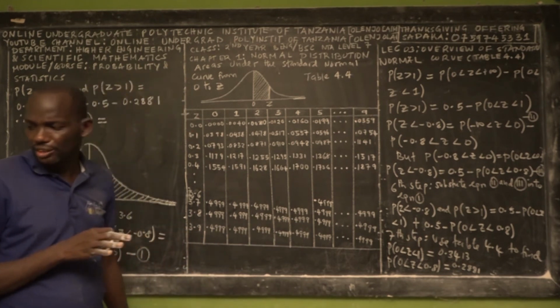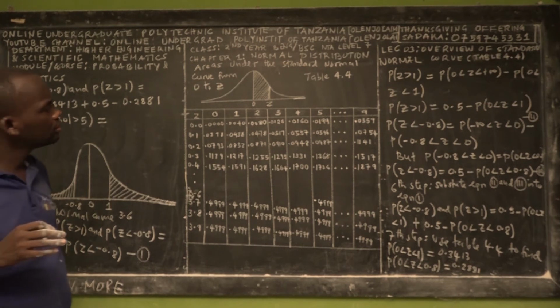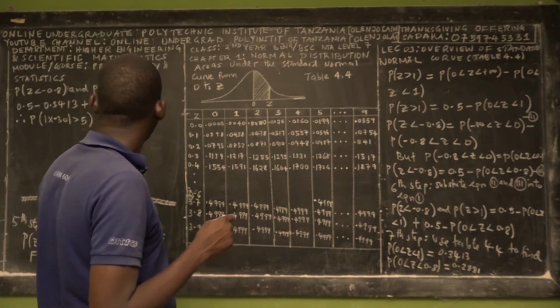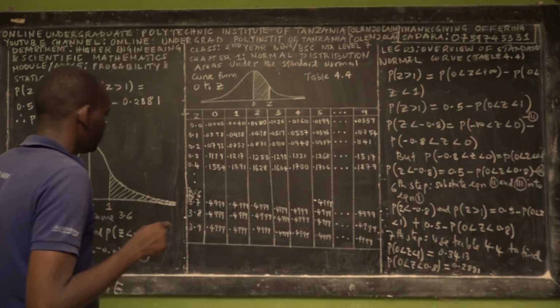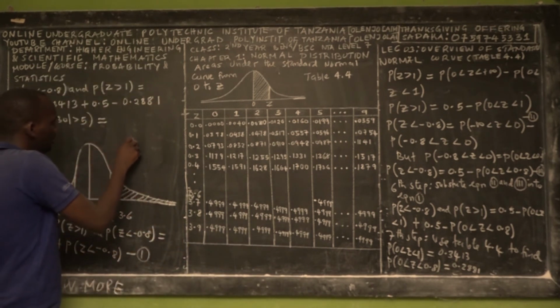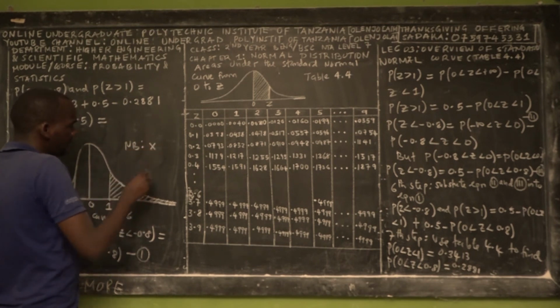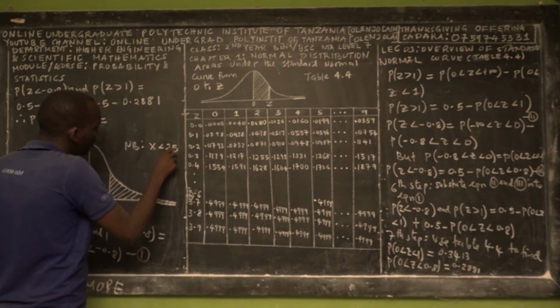I made a mistake. The x2 is 25. The x should be less than 25, not 26.